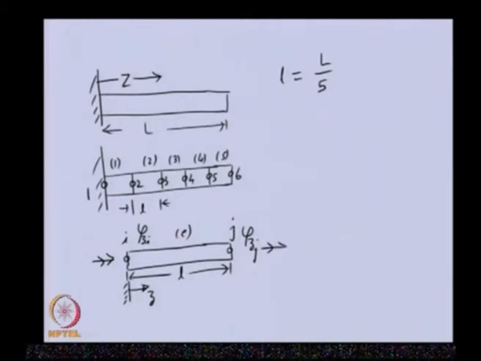So, both have the same direction at the two nodes i and j. Apart from this, we will have the torque associated with this displacement. So, I am writing here the torque as T.